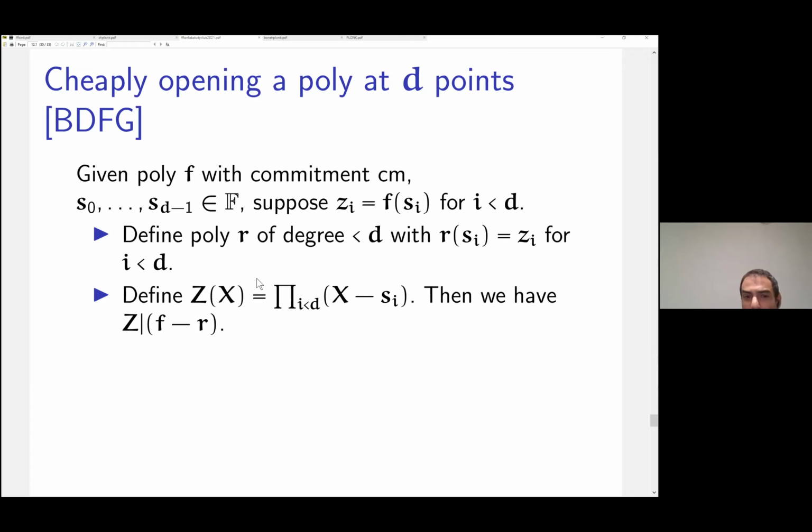The important point is that z divides f minus r, because at all of these points si, you'll have f of si minus r of si, which is 0. So f minus r will be divisible by x minus si, and so by z, which is the product of these terms.